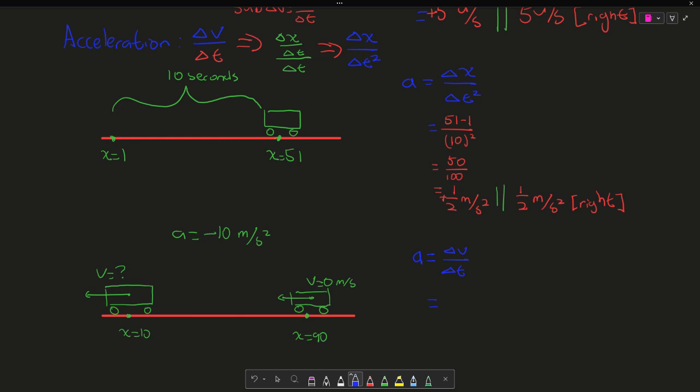Yeah, acceleration equals delta v over delta t, but we don't know delta t. How can we calculate delta t? Well, we can use this formula. Acceleration equals delta x over delta t squared. So, I would first go and calculate delta t.